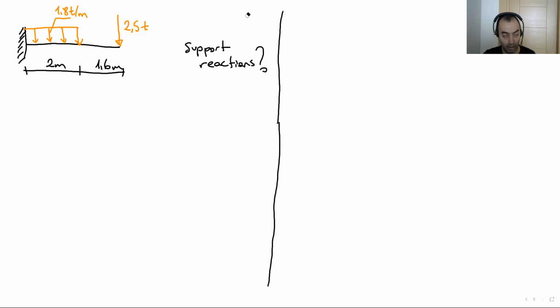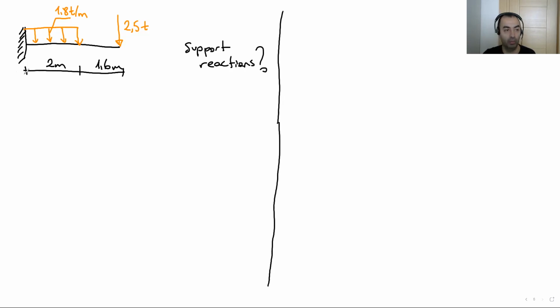Here, what kind of support do I have? Here we have a fixed support. The right end is a free end. The left end is a fixed end, fixed support. So we have 3 unknowns. Remember, you have to know the number of the support reactions depending on the support type.